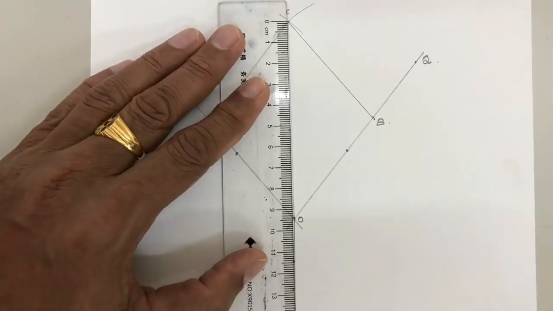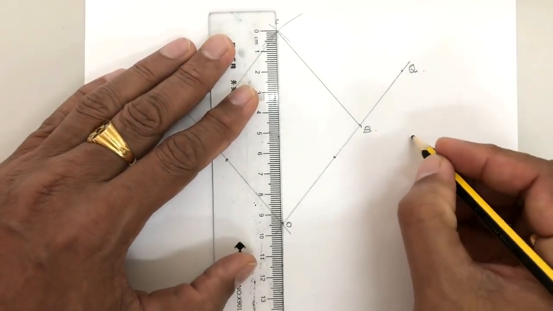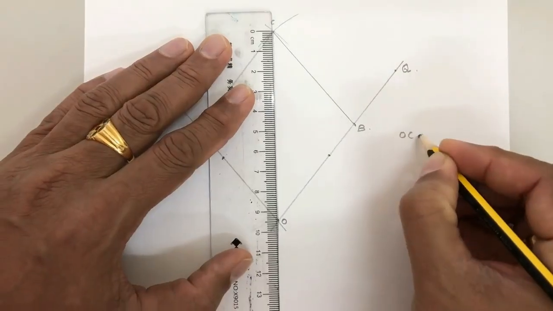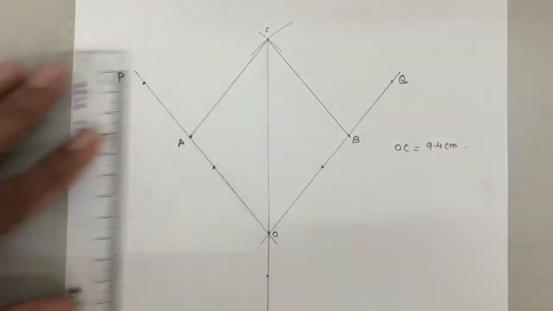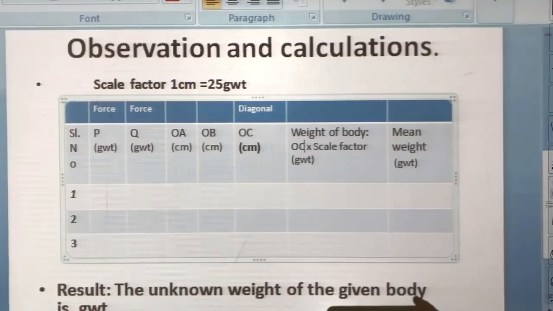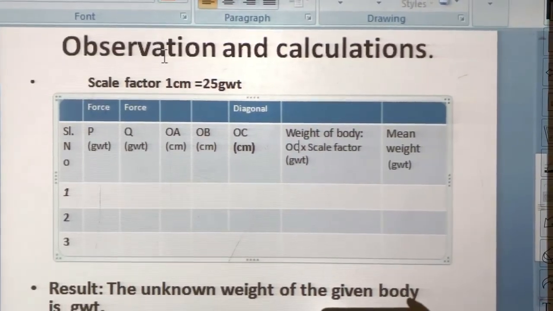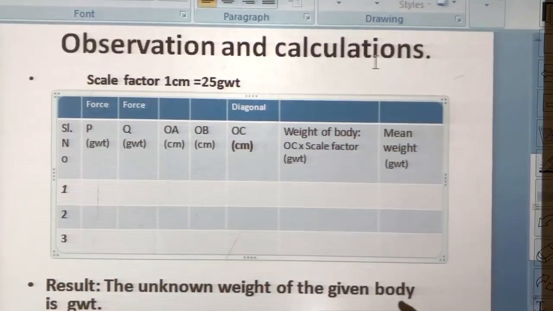So here I can write OC equals 9.4 centimeter. So we can complete the observation and the calculation.